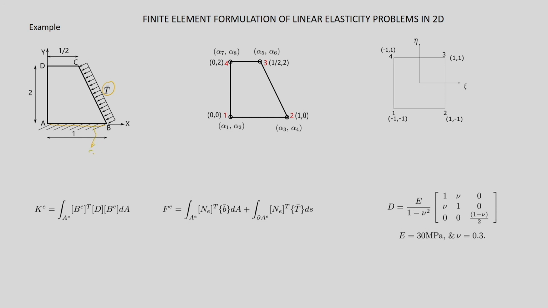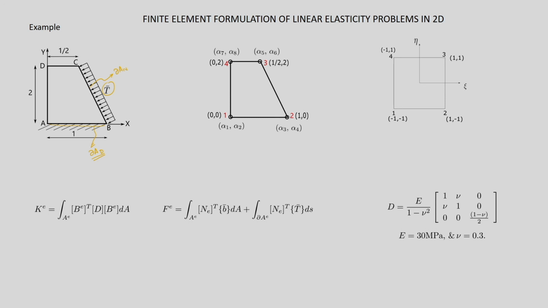So, this is the Dirichlet boundary that we already talked about, and this BC is basically the Neumann boundary where the traction is specified. The other two boundaries CD and AD are also a sort of Neumann boundary, but they are homogeneous Neumann boundaries, with no traction specified.